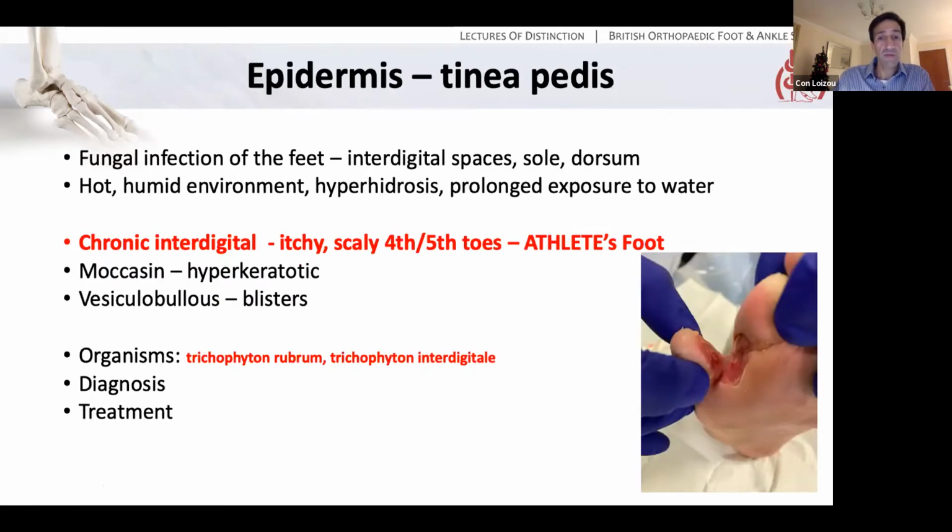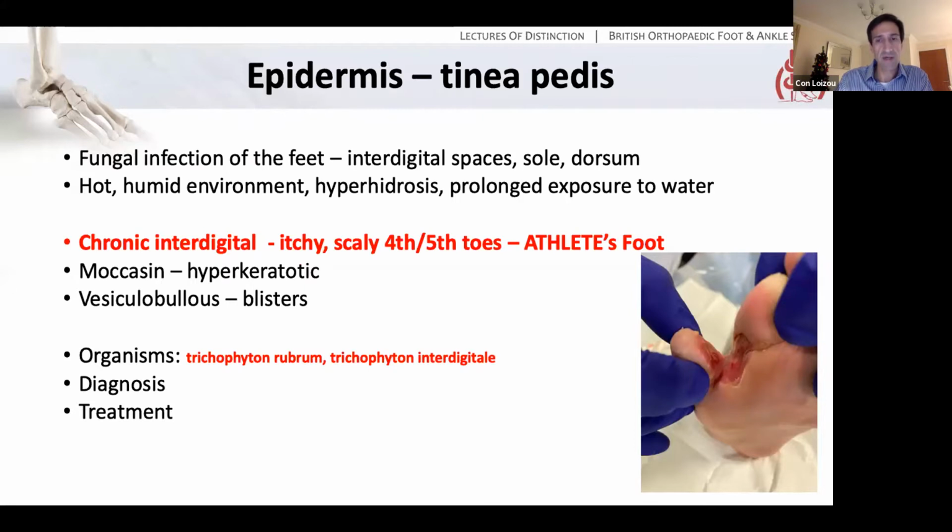Affecting the deeper layers of the epidermis is tinea pedis, which literally means fungal infection of the foot. Now, it usually affects the interdigital spaces, but can involve other parts of the foot, such as the dorsum and the plantar aspect. The most common is the chronic interdigital type that mainly affects the fourth interspace and the fourth and fifth toes.